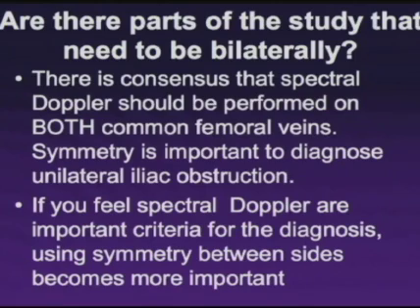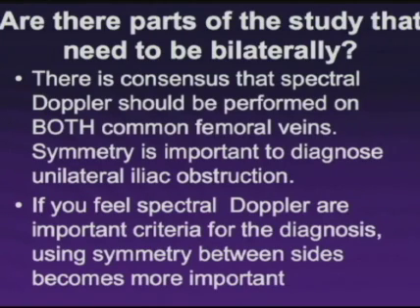This is because symmetry is important to diagnose iliac obstruction, and since we don't usually compress the iliac veins, the Doppler becomes an important test to the presence of more proximal obstruction, either in the iliac or the inferior vena cava level.